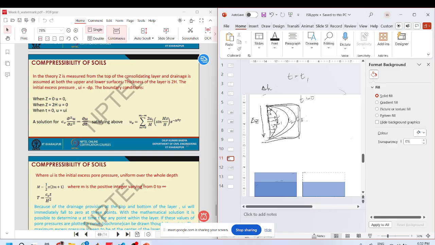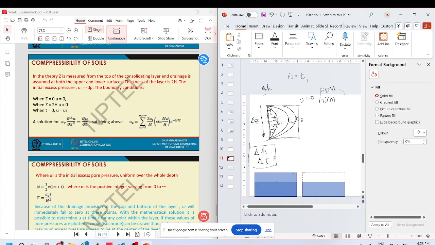And this is more important when we are computing with finite elements, FEM or FDM. So it is not as important to know the exact time stamp analysis in real life. At maximum, what you want to know is how much settlement this layer will show, and how much time it will take for this layer to show the settlement.